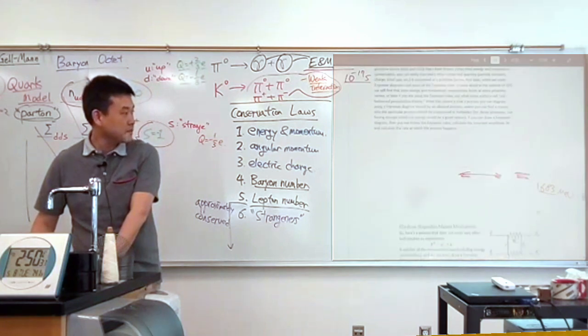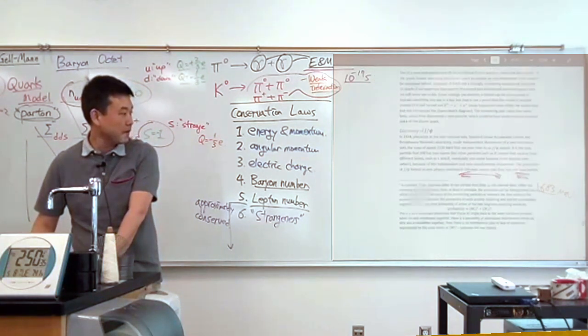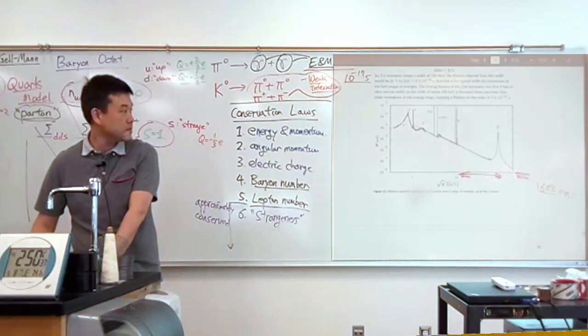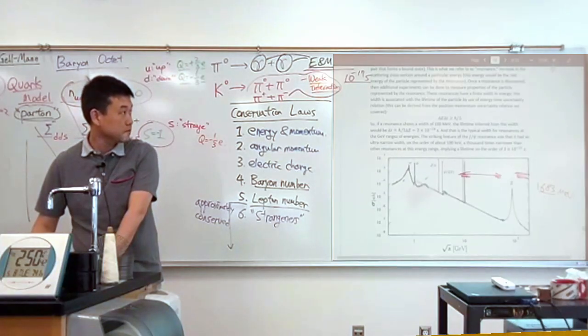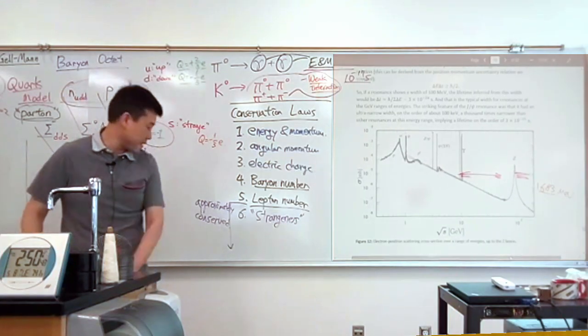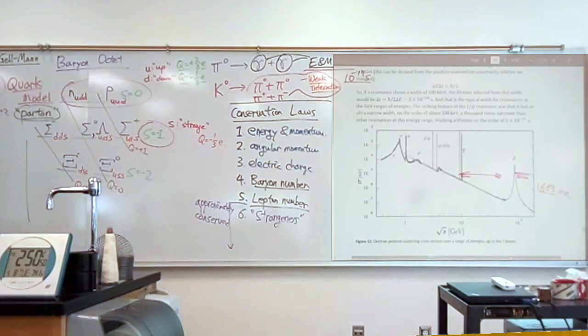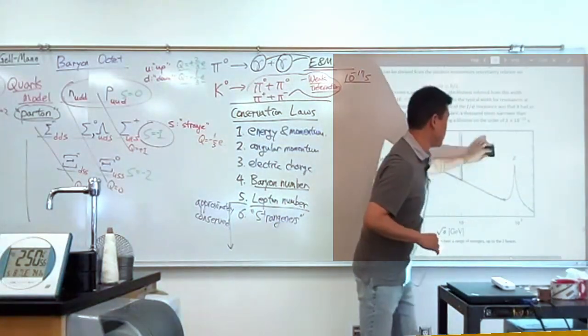And this is the plot that explains what they discovered. This is the energy plot of what they were measuring. They were measuring interaction cross-section, or how quickly a new particle gets produced.